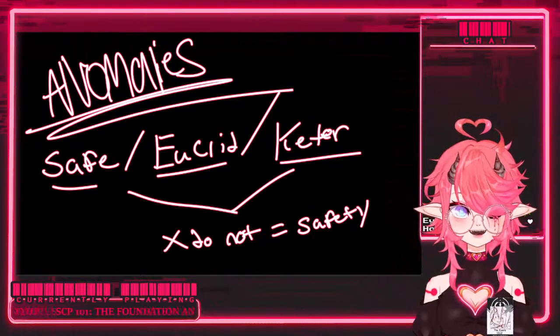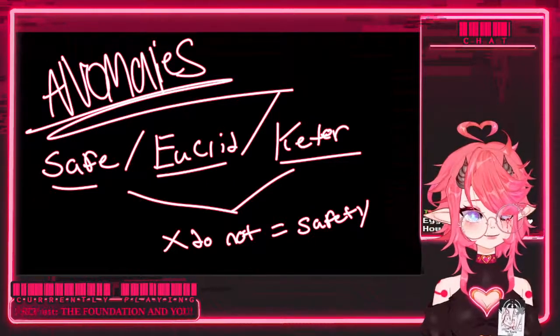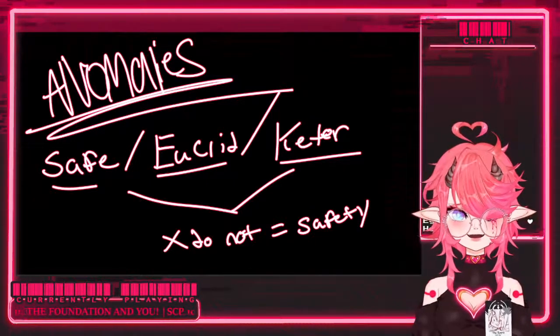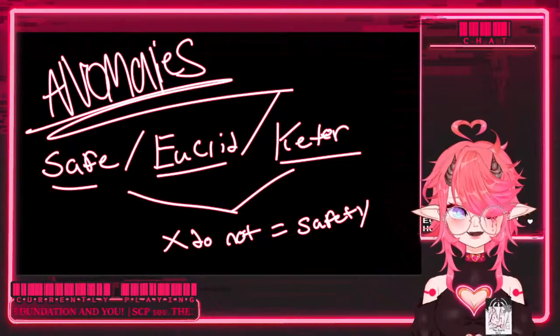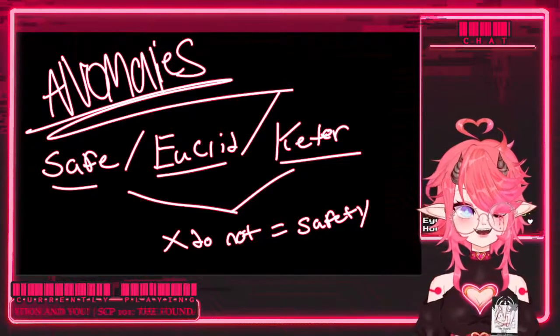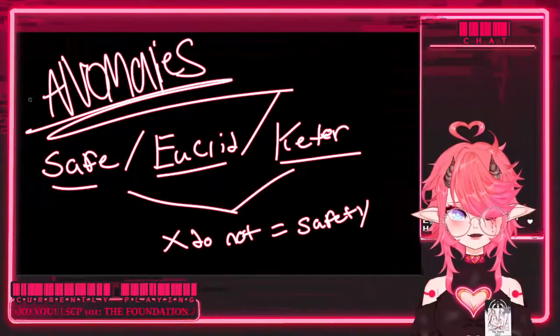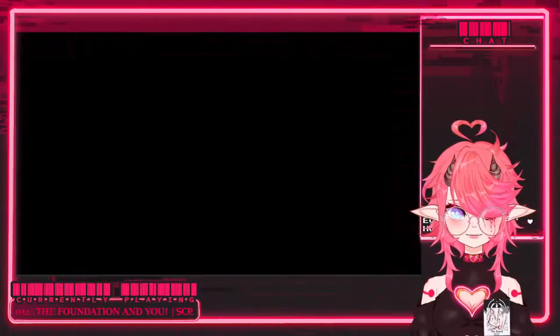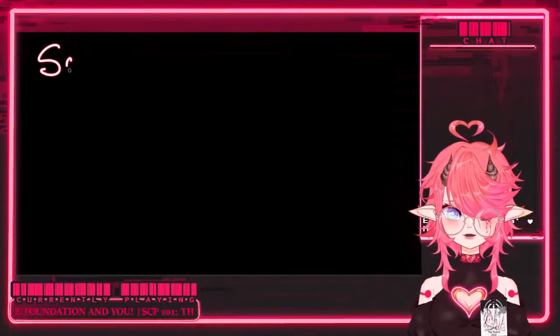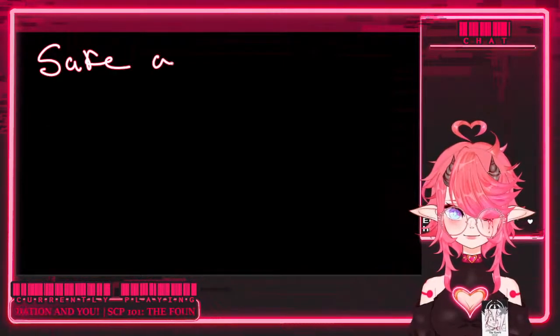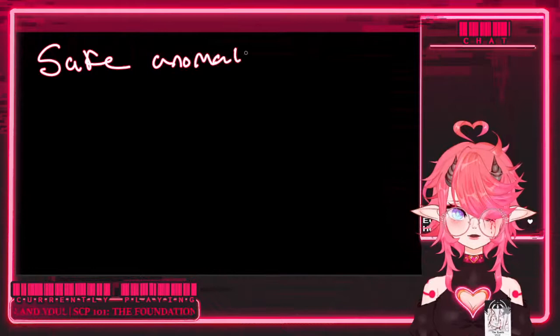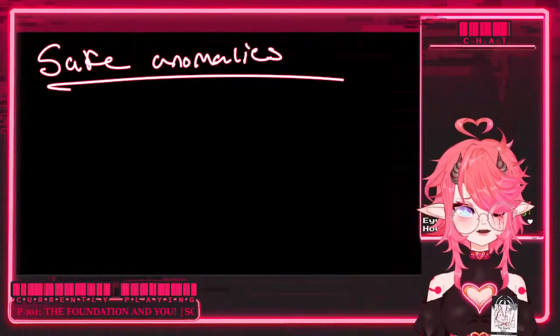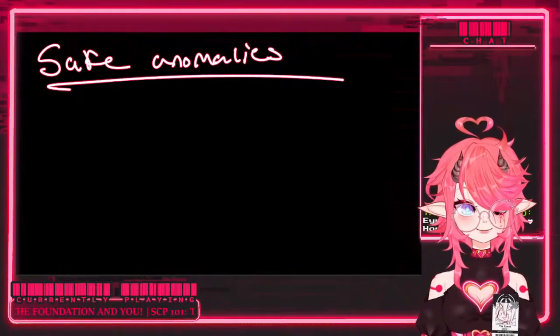Safe, Euclid, and Keter do not actually equal safety. Or at least not like the amount of safety they provide. For instance, safe anomalies tend to have a very different... I'm doing good, by the way.